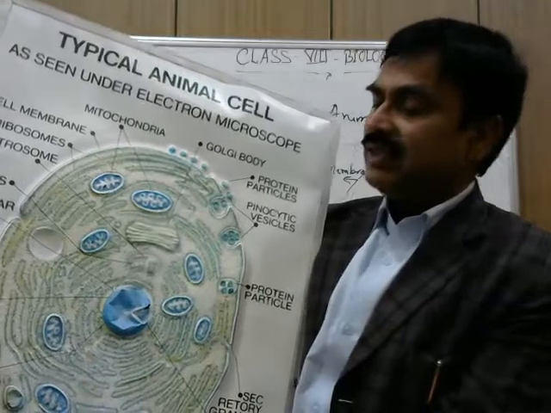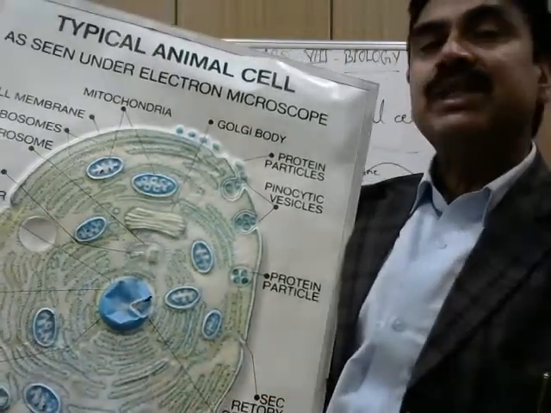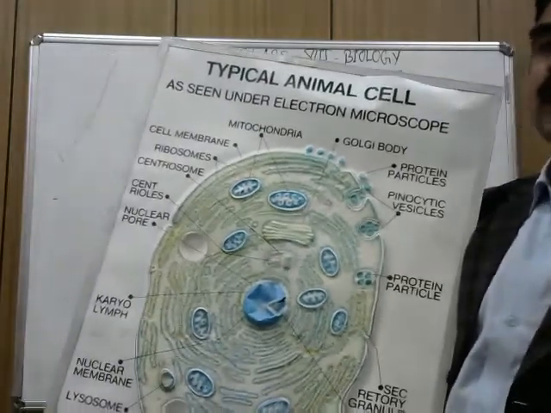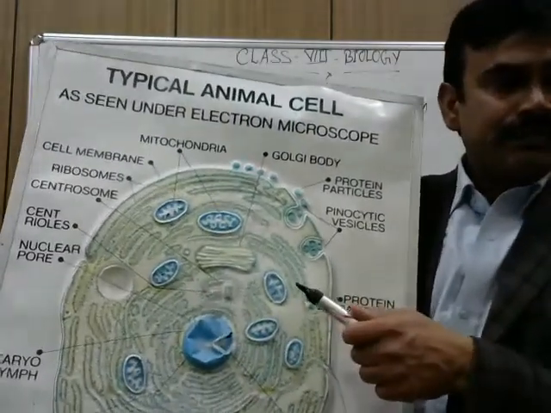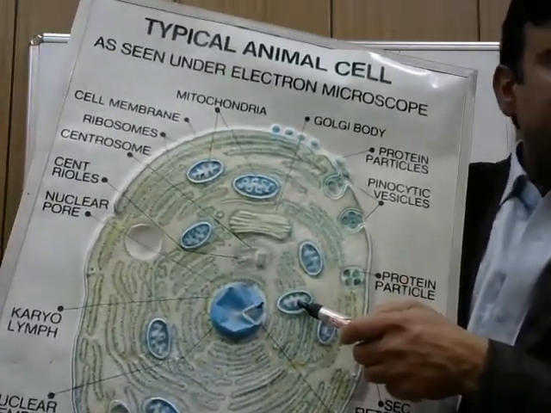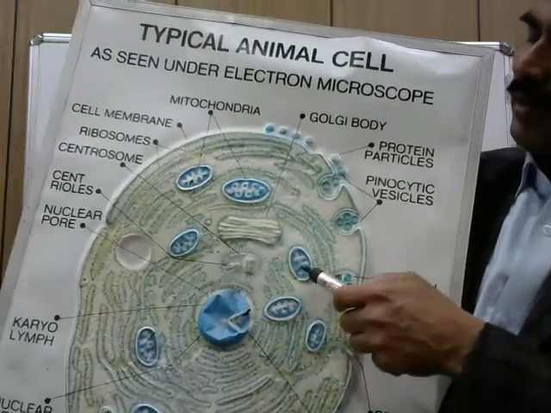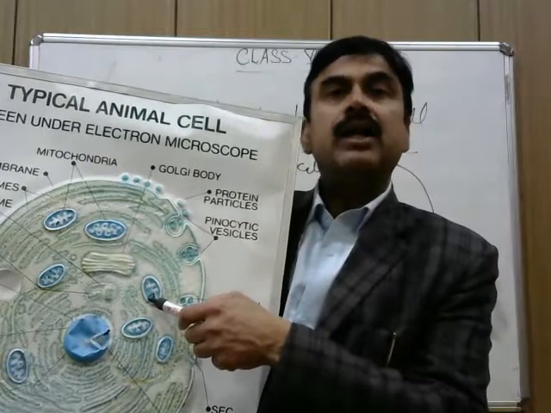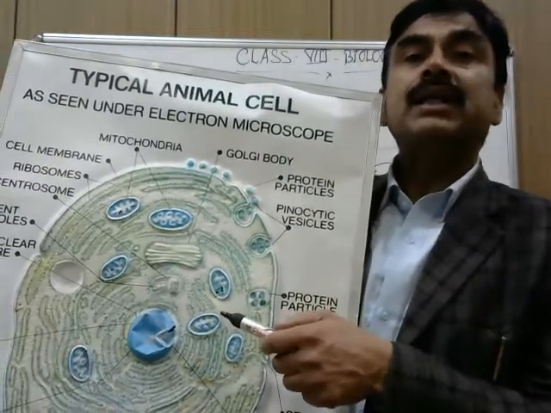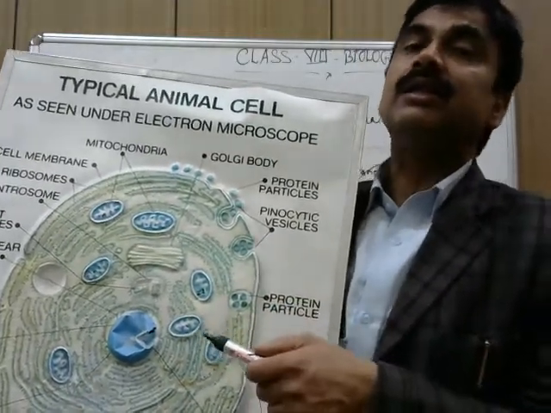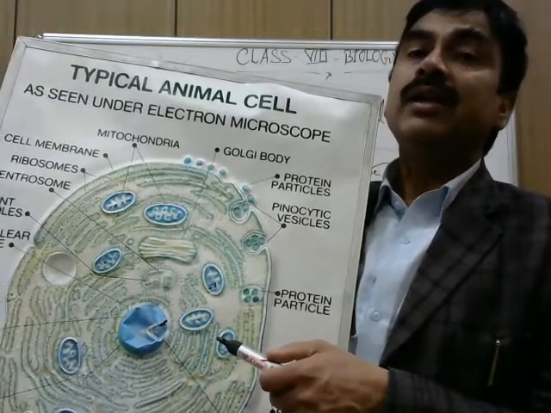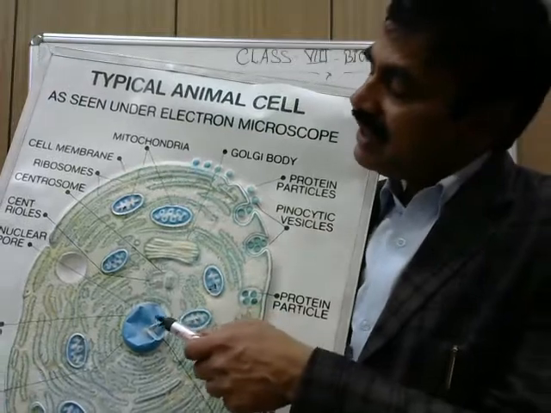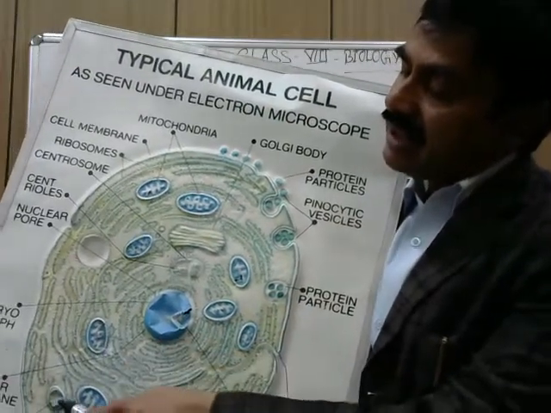Children, mitochondria are present in plant cells and also in animal cells, right? Mitochondria make the energy currency in the form of adenosine triphosphate. So you can easily recognize these are the mitochondria.